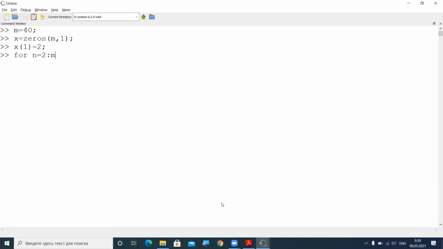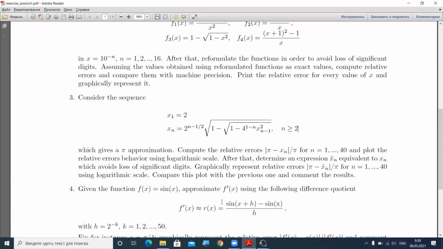Because we have the first value, we wrote it. Now we need to write, beginning from the second one, the general sequence. Let's give this x_n. It was 2 to the power of n minus 1 over 2, and this expression.